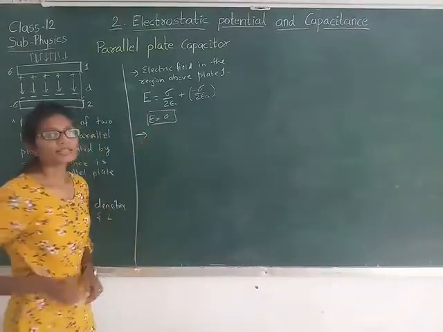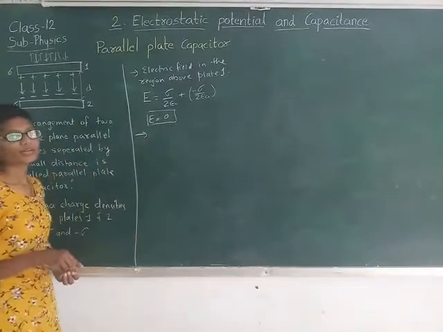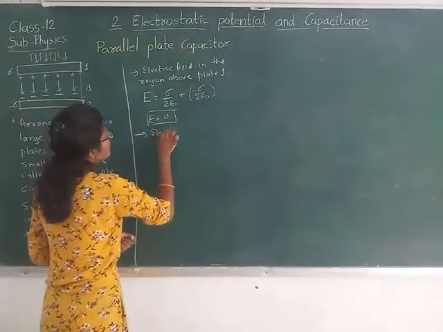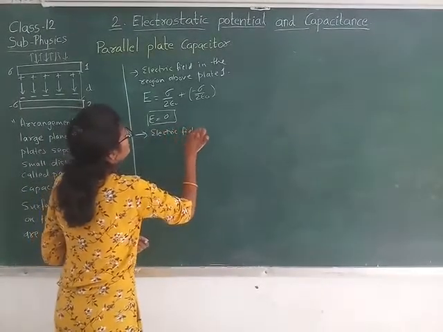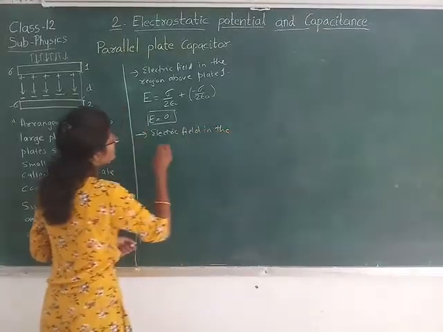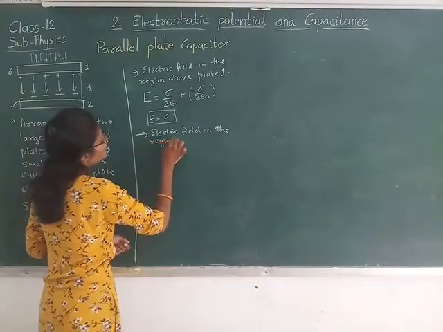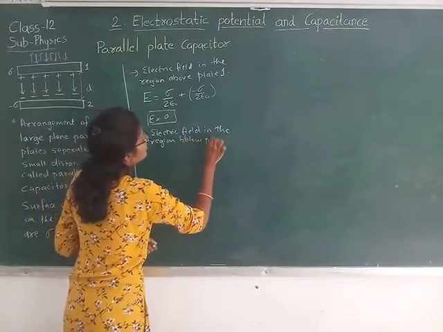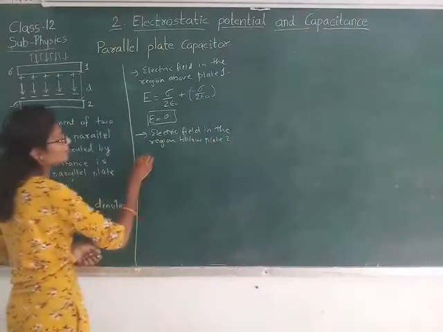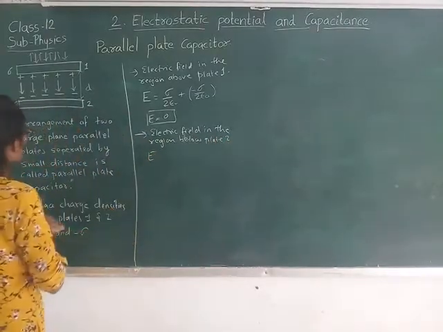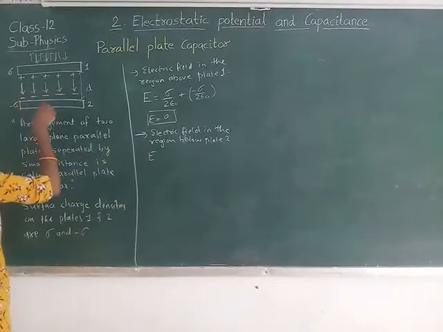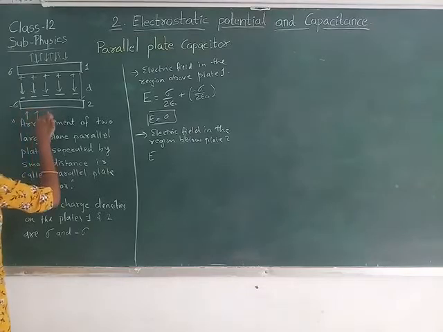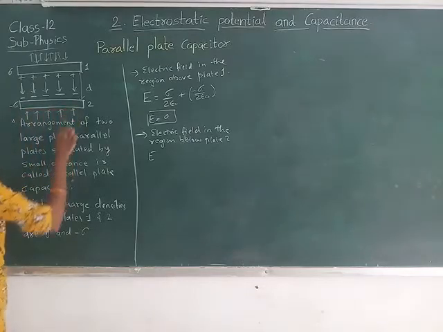Right? Now let us see the electric field below plate 2. So the electric field in the region below plate 2, that will be what? Now let us see over here. In this region, because of the negative charge, the field lines terminate on the negative charge, that is in this direction.